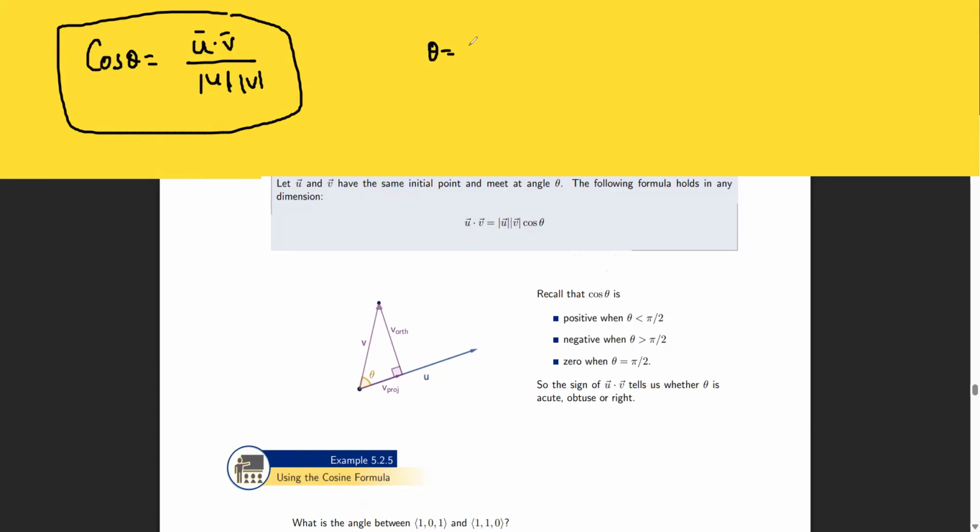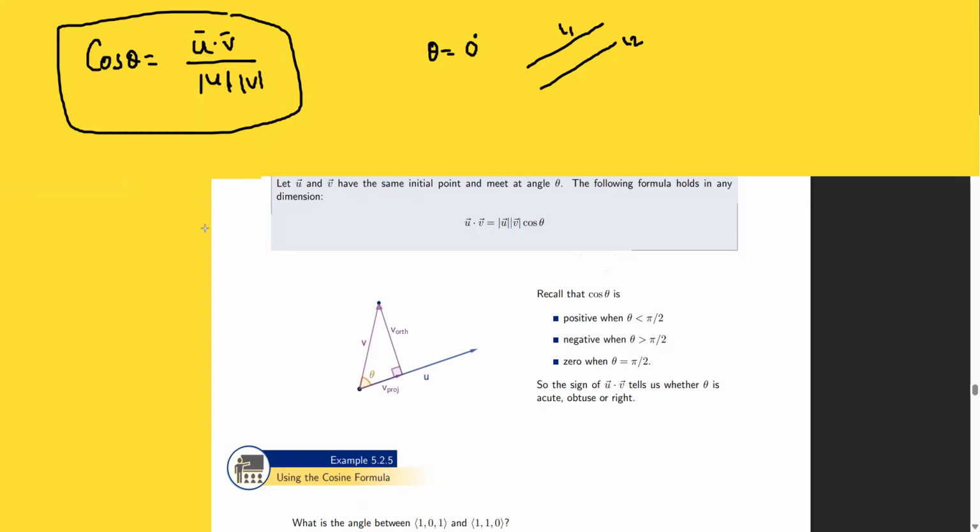If theta is zero, it means the angle between the two lines is zero, then they are parallel, right?